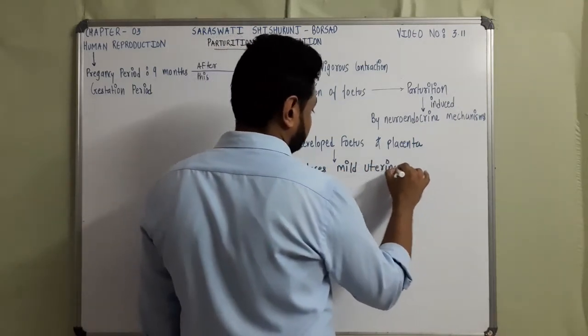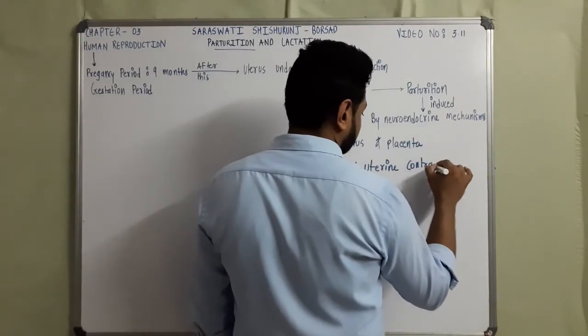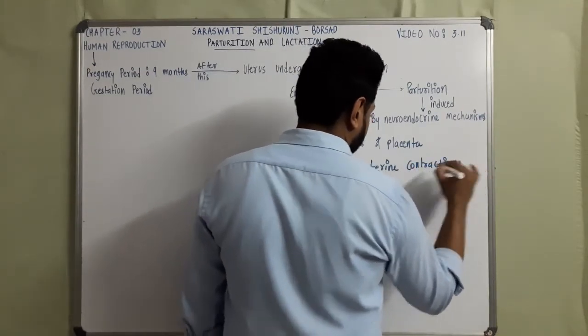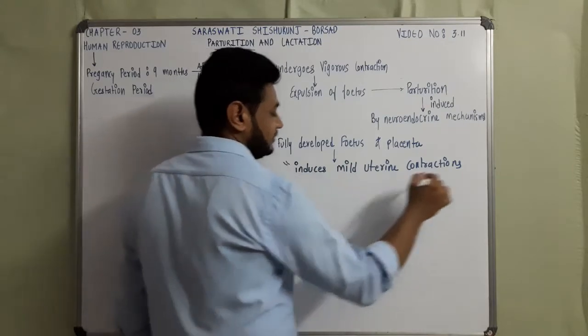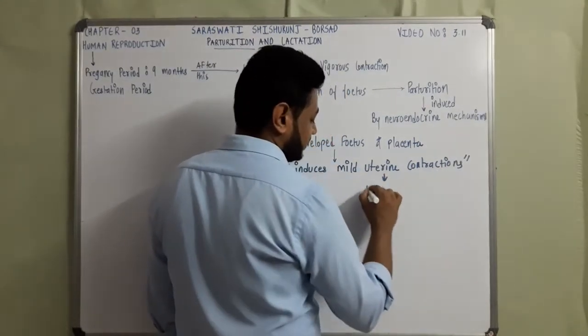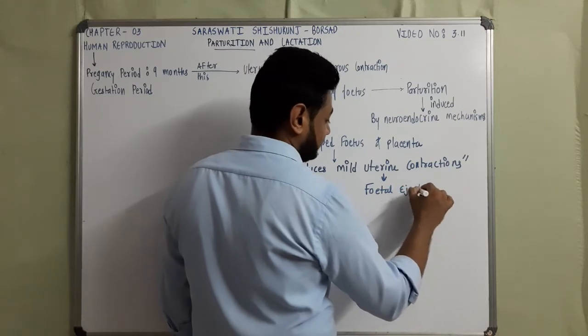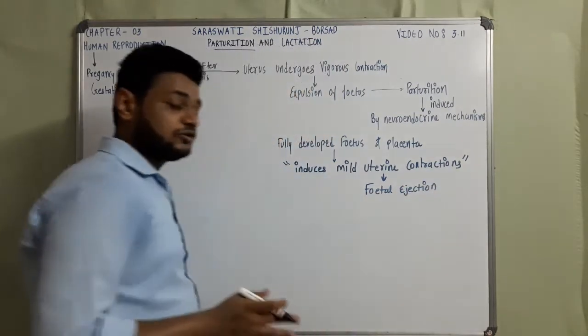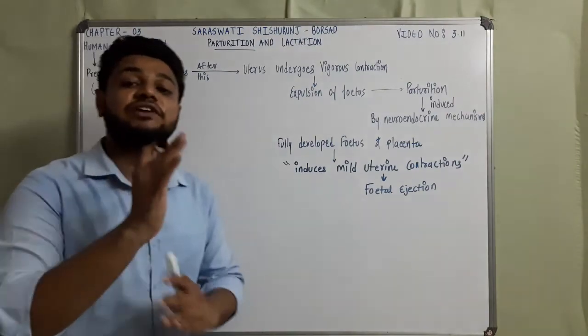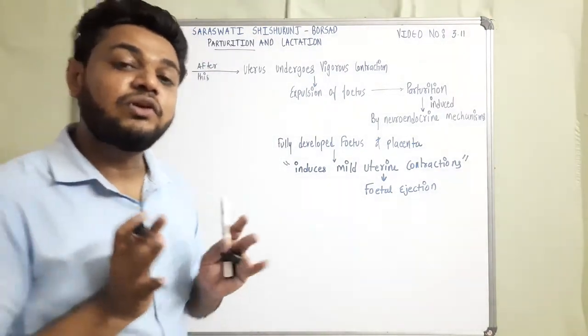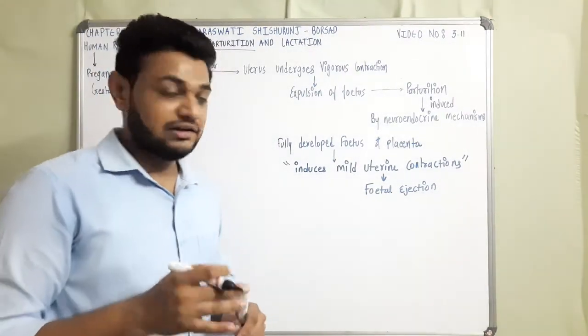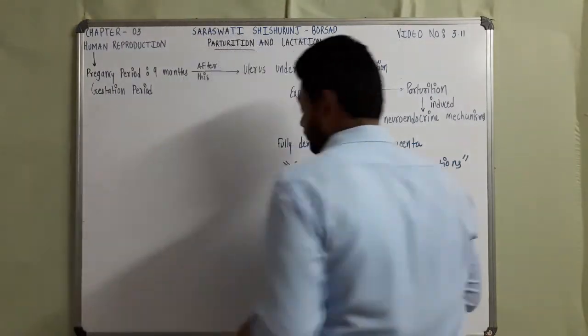When this mild uterine contraction occurs, it is referred to as the fetal ejection reflex. It means the uterus will start to contract, but not that vigorously, only in a mild way, induced by the fully developed fetus.